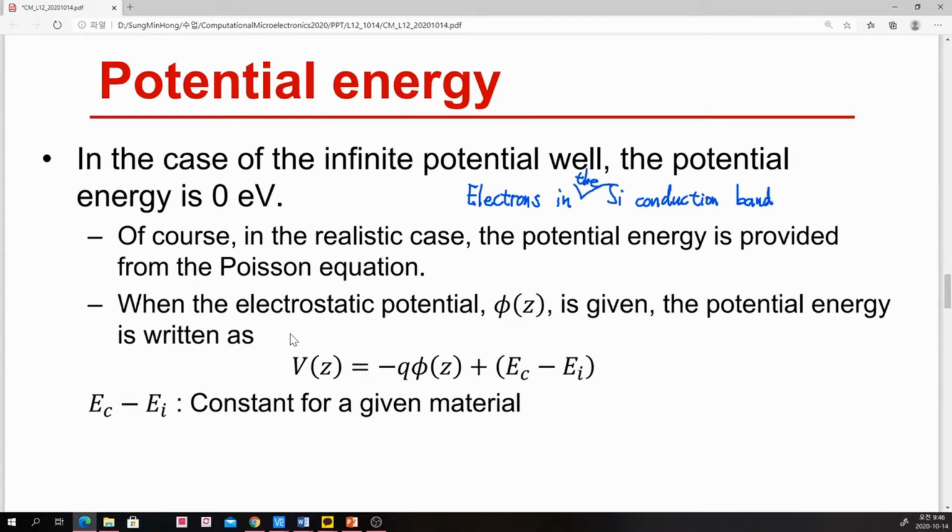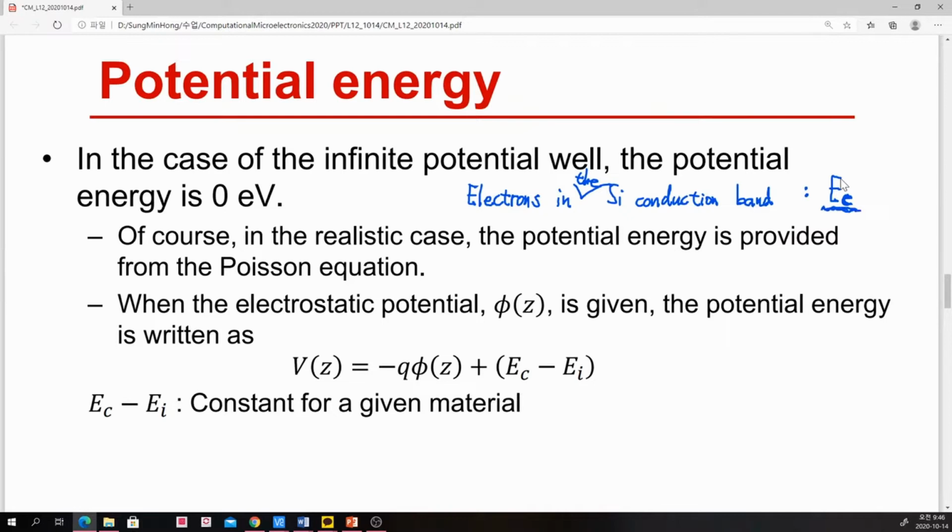So when we talk about the potential energy term, which has been neglected up to now, we have to find the conduction band minimum energy of our system.